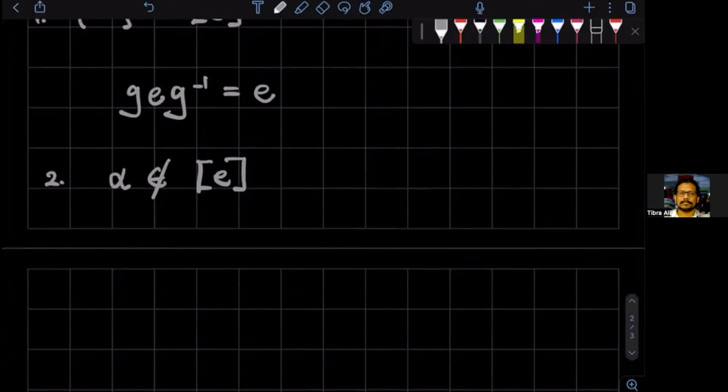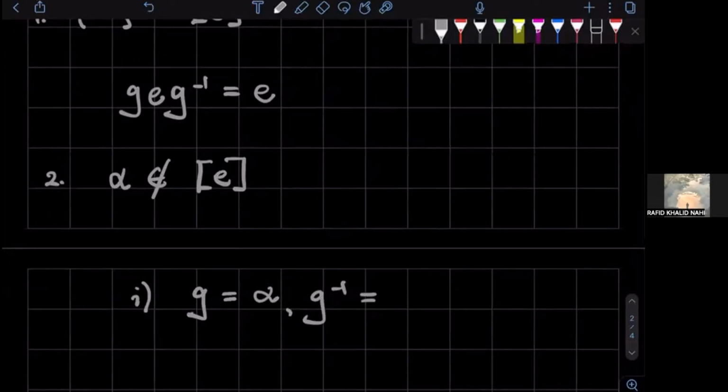So let's take, say, G to be alpha itself. Then what is G inverse? Can someone tell me? Alpha squared. Right, alpha squared.